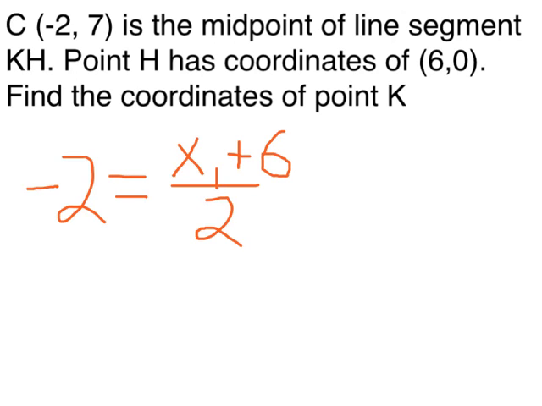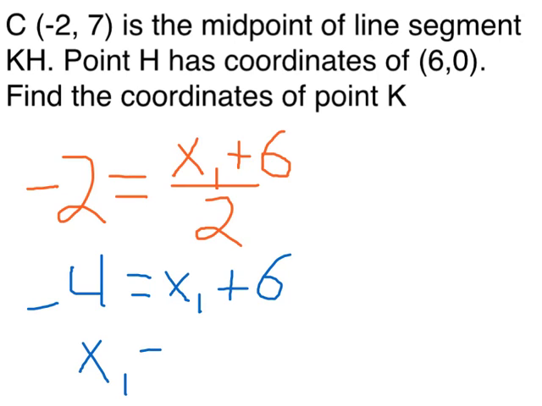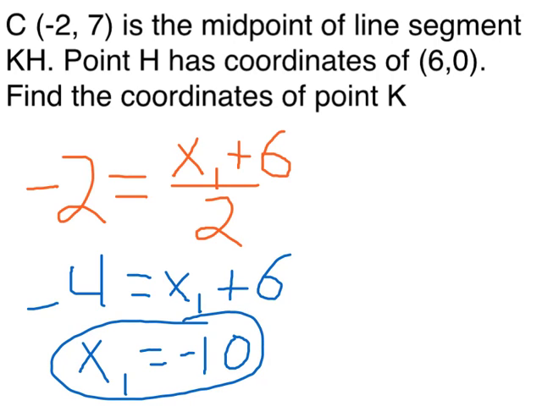If I go ahead and solve this out, if I multiply the 2 to both sides, I'll be left with -4 equals x1 plus 6. Then if I subtract the 6 over, I'll see that x1 is -10, which is just what we had on the other side.